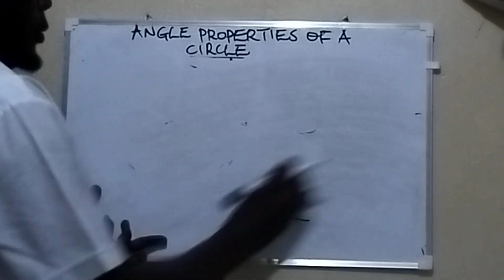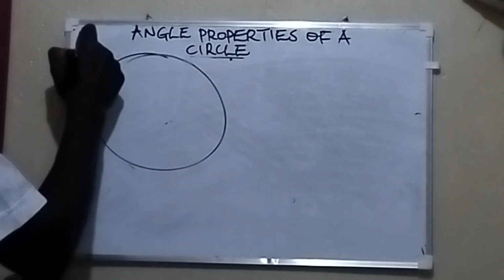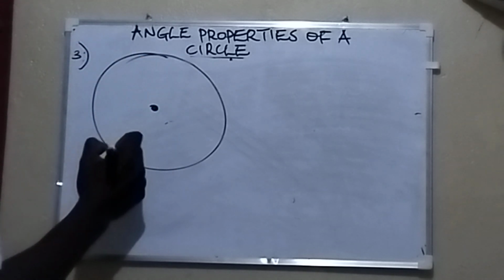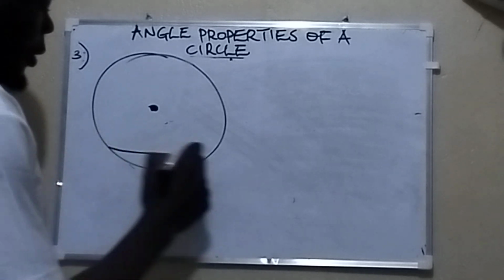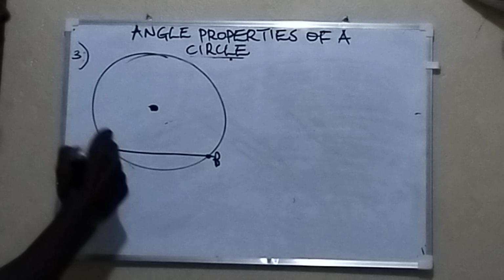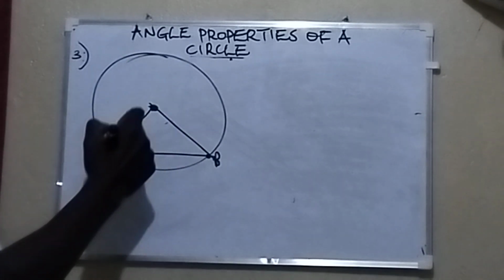If you have a circle, then you have the center there. Then you have our chord AB or arc AB along the circumference. Then you have the radius.